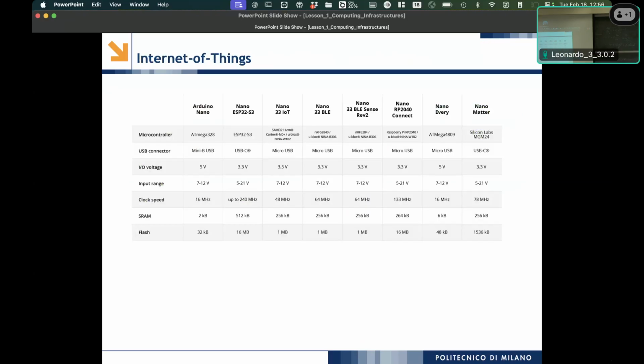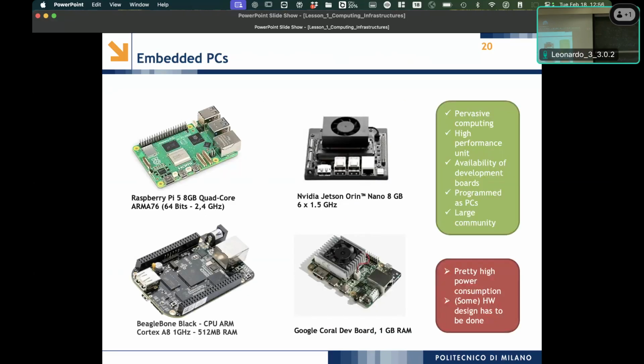These are the key characteristics of this kind of thing. Finally, the last ones are these kinds of devices, the examples I put here. While this one still runs at a gigahertz level, it's not like your laptop boosting up to 4 gigahertz, but we are at 1 to 2-something gigahertz.